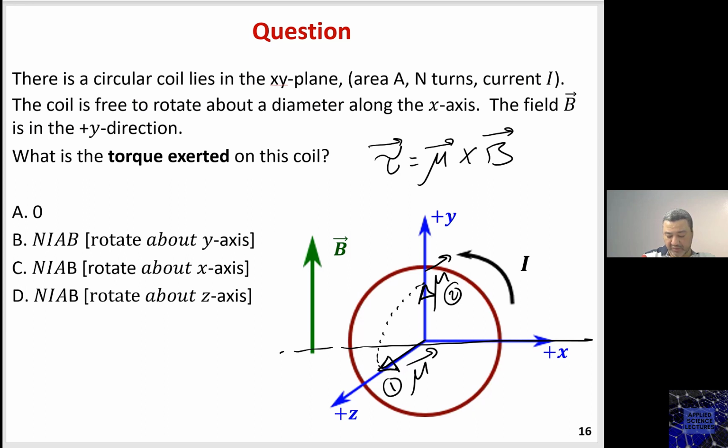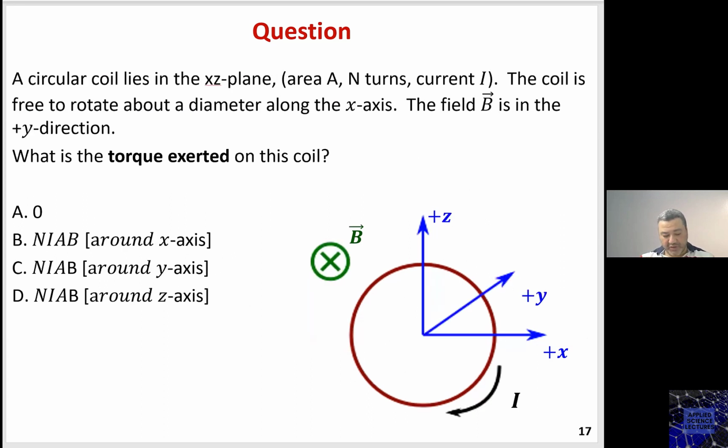So now the torque is going to be NIAB at this location, and sine 90 degrees is 1. So it is NIAB, and it will rotate about the x axis. So the answer is C.